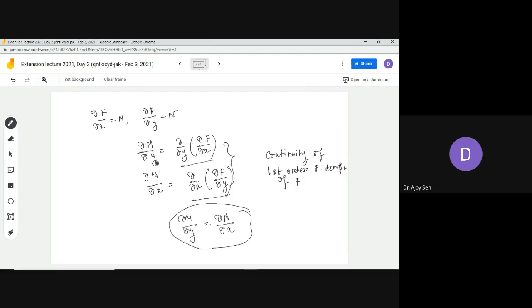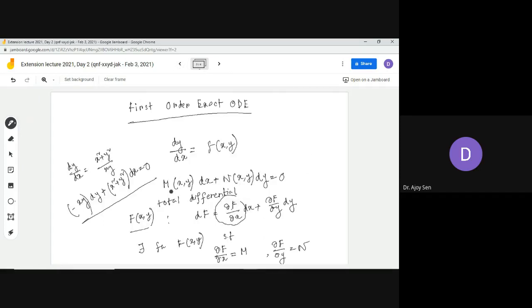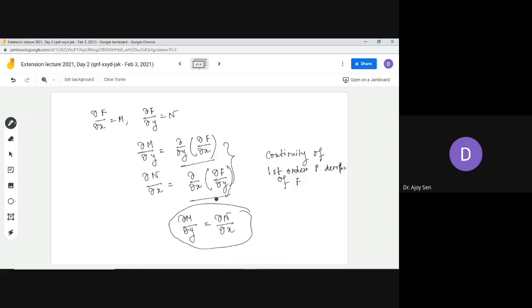So then we have del M del y equals del N del x. This is the condition of exactness of a differential equation, and you see this condition is very easy. You have M and you know N from this relation, and you just take the partial derivative of M with respect to y and N with respect to x, and you check if they are equal.